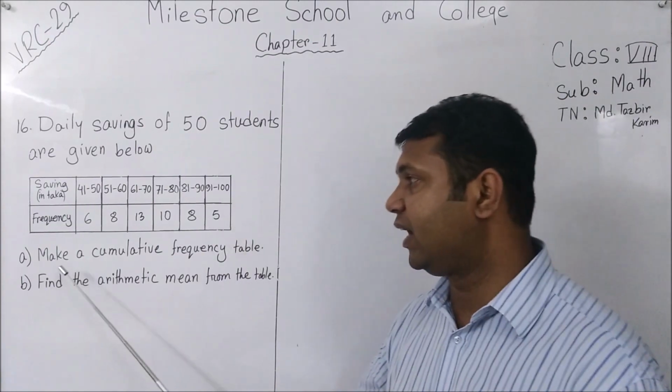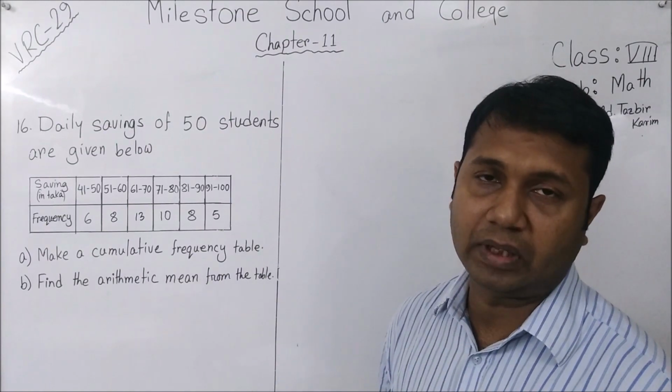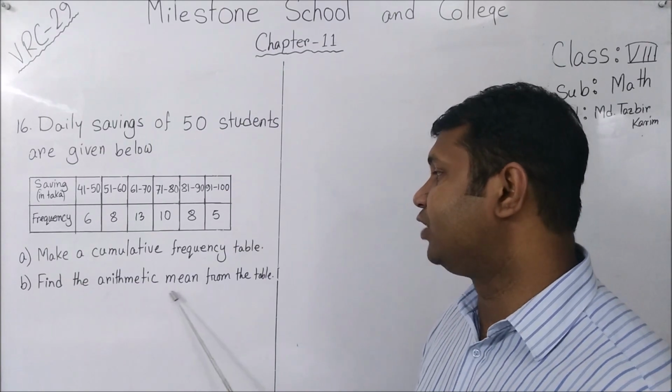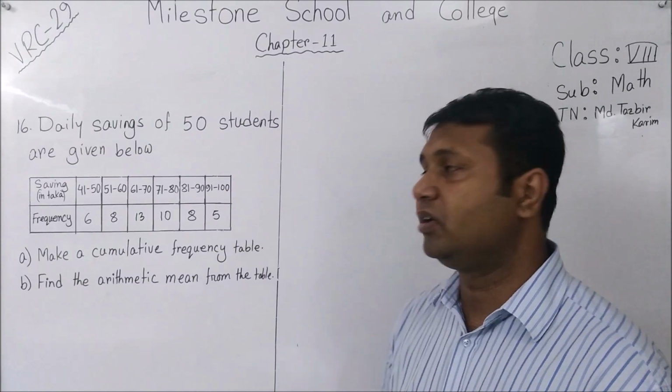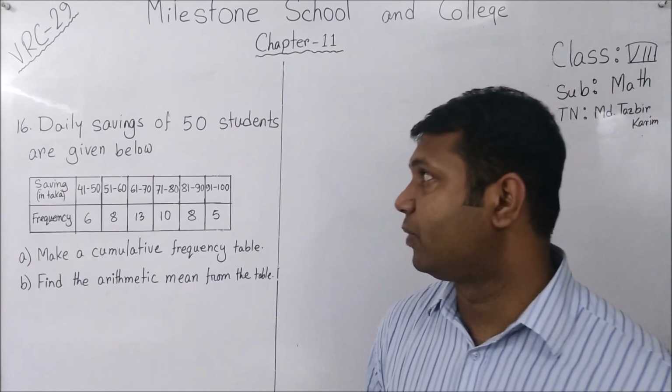So question number A told us to make a cumulative frequency table. Okay. Then question number B, find the arithmetic mean from the table. So you have to find it. Okay. So this is question number 16.